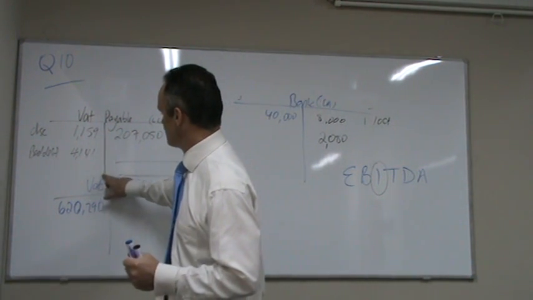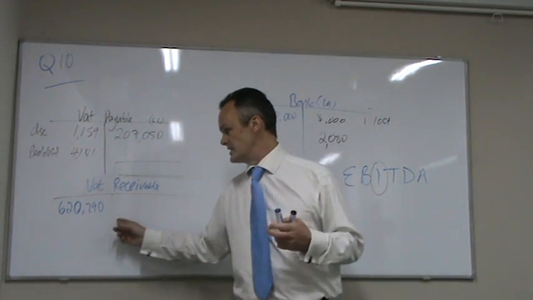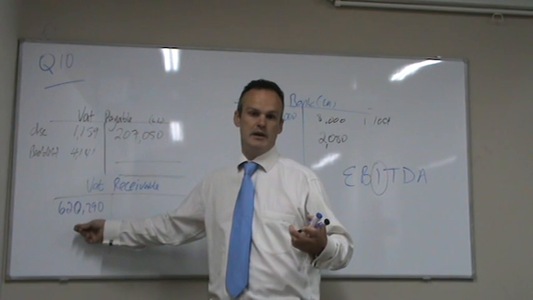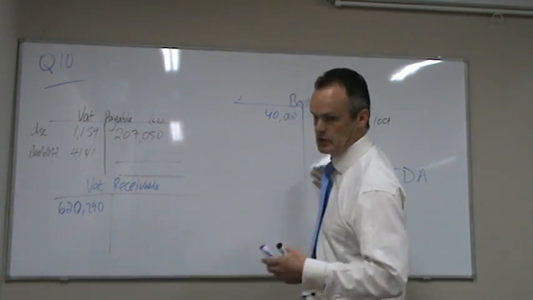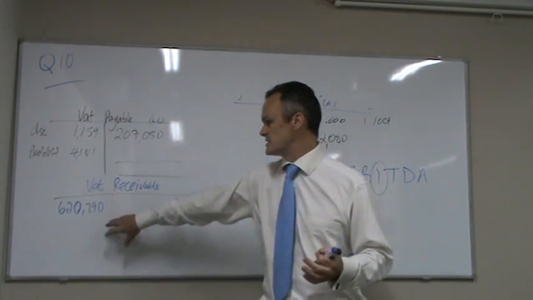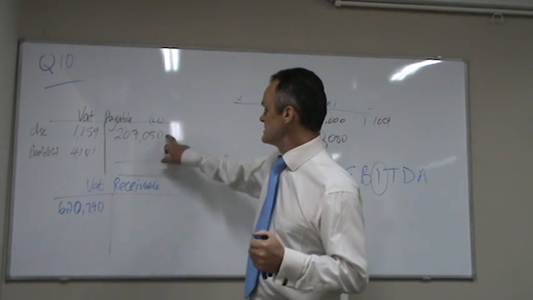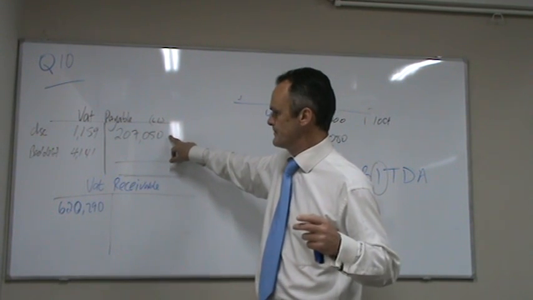So maybe they're different. And this is the VAT receivable, because this is the total of the VAT that we paid when we bought all of the goods, the hotel, the furniture, the equipment and all of the stuff. In comparison, this is the total of all of the VAT that we received when we did all of our sales.